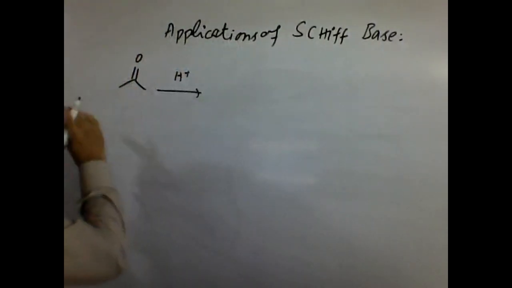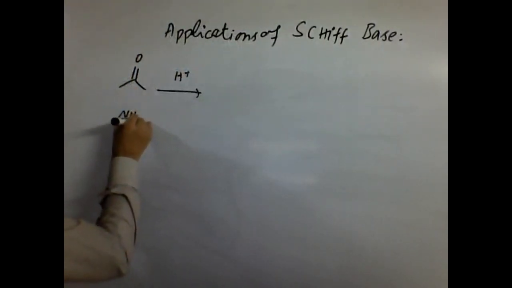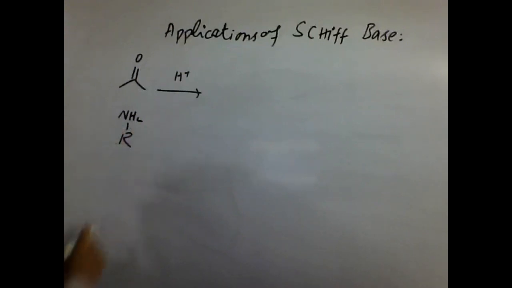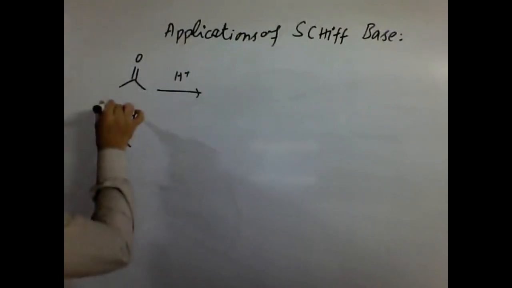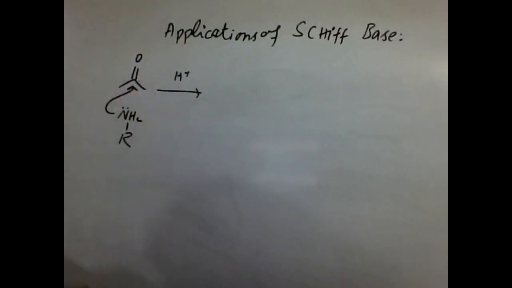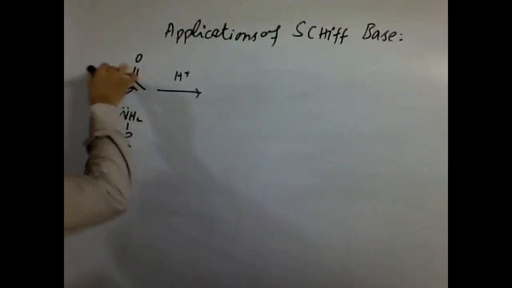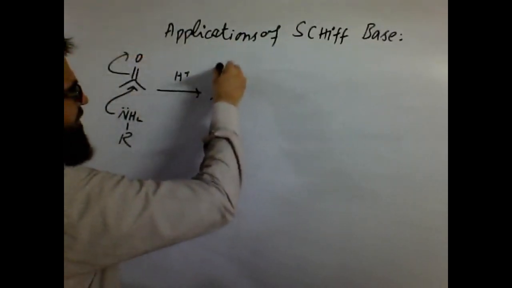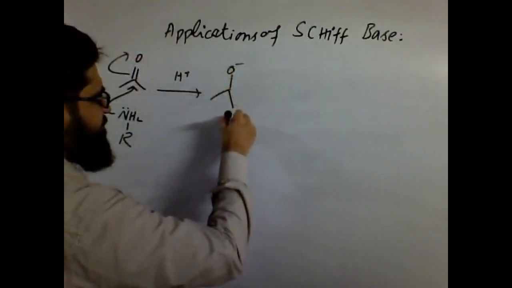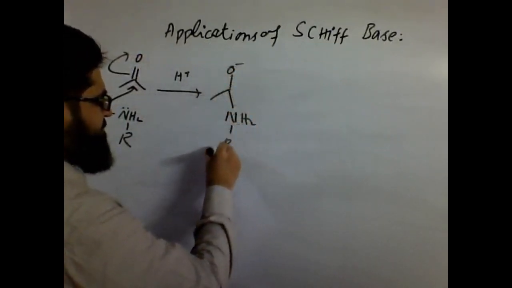Similarly, we have an idea about the amines. Let's say we have some sort of an amine with an R group. We know they do act as nucleophiles as well. As far as the general reaction is concerned, that is NH2R.